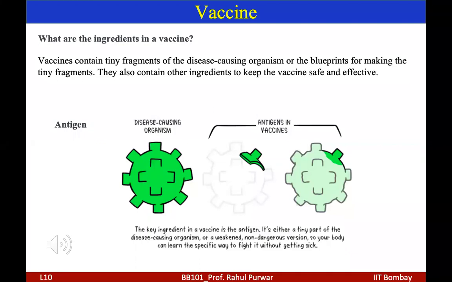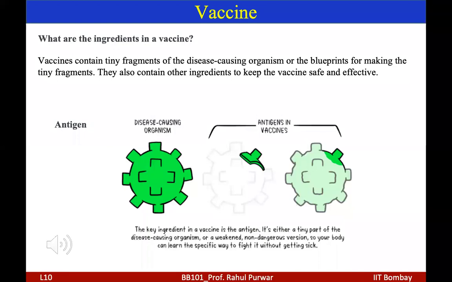For example, they can have the mRNA, which you learned about in the gene expression class. Maybe they have mRNA, which makes the viral protein, and that ultimately tells the body that a virus has attacked us and triggers the immune response. Or if not the inactivated virus or a blueprint like mRNA, it can be some other component of the virus itself.